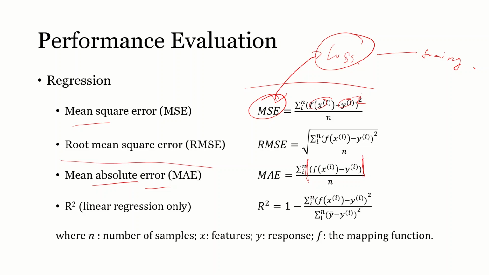Some algorithms have their own specific metric, like linear regression. We have the R-square, so that will evaluate how good the fitting is, and you can use that. Some algorithms might have other ways to do it, so just be mindful and check the documentation of those algorithms specifically.